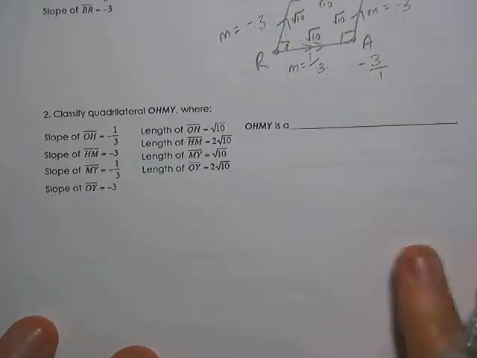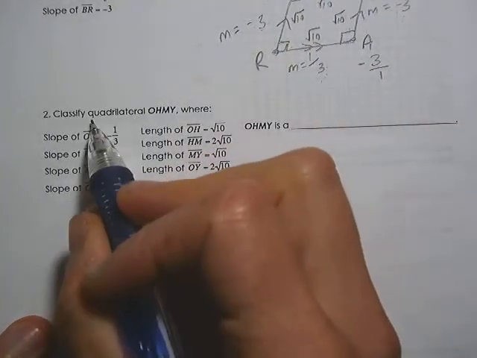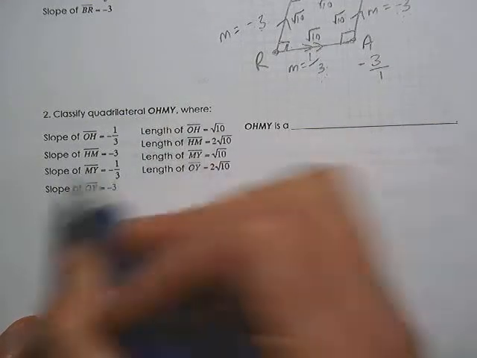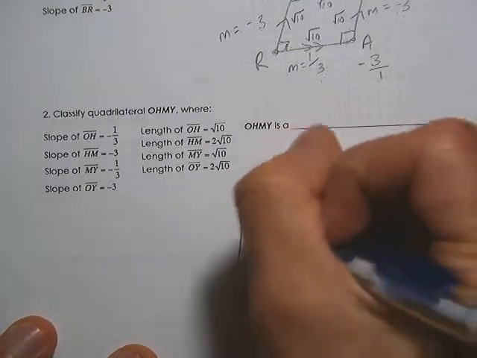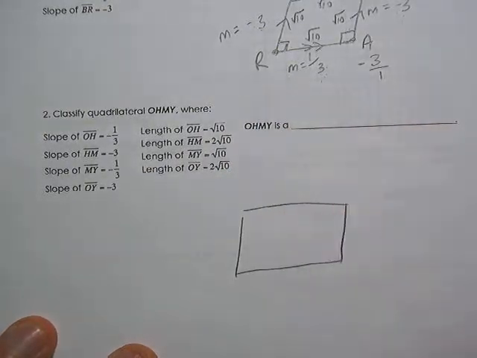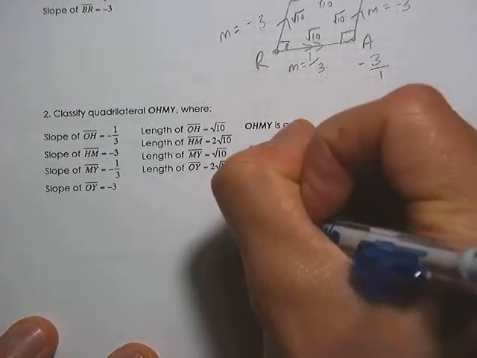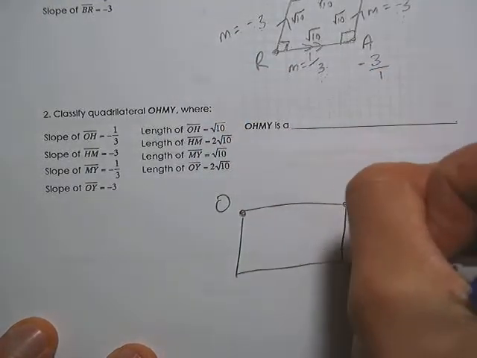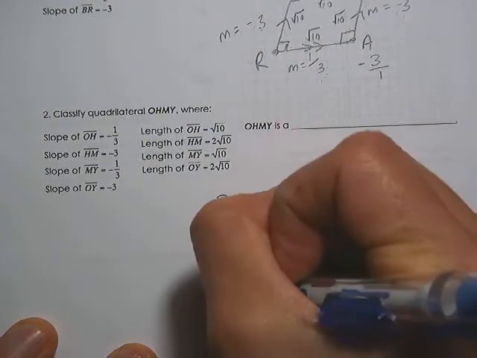All right, so let's do one more and then we'll go from there. So in this one it says classify quadrilateral OHMY, and it's given us information. So I'm going to draw my general quadrilateral again. Okay, and then I've got O, H, M, Y, and then I'm going to compare my stuff.